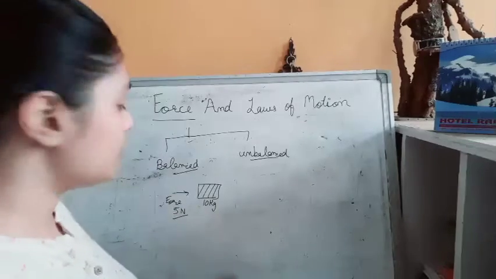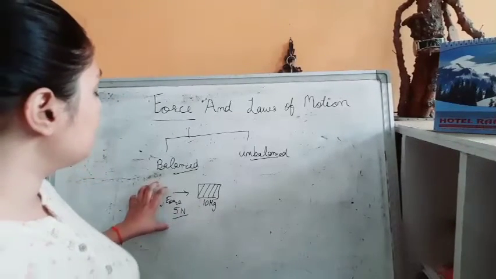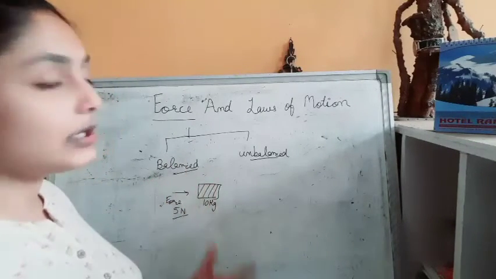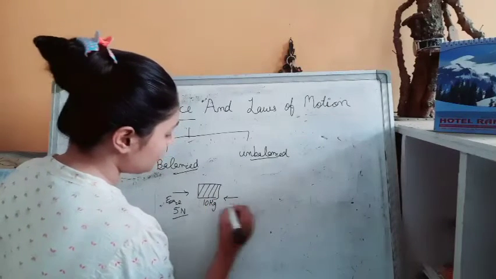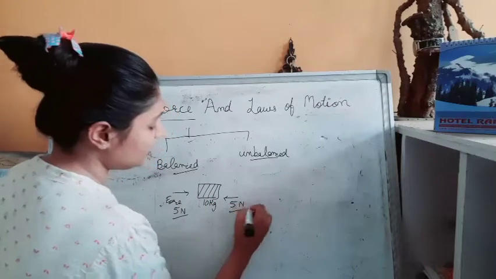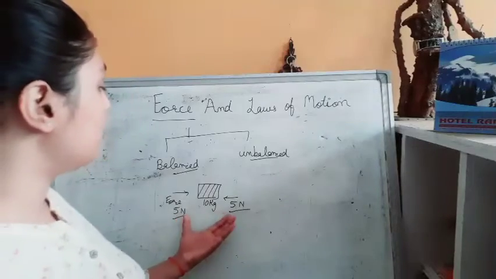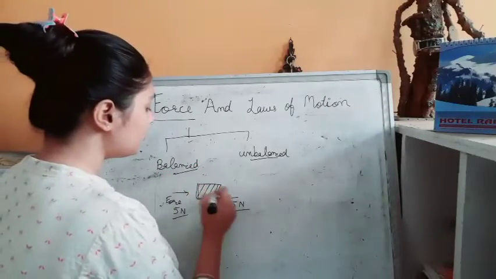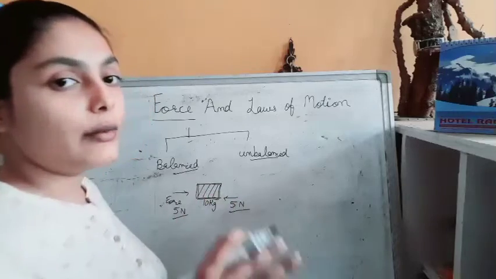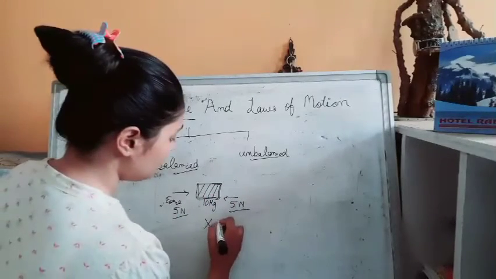N is Newton, the unit of force. The same frictional force of 5 Newton acts on it. Then this kind of force is known as balanced force, and the wooden block has no movement.